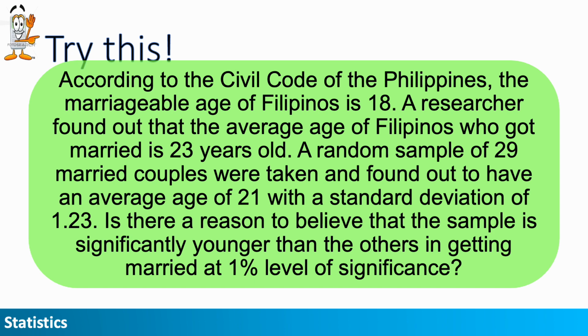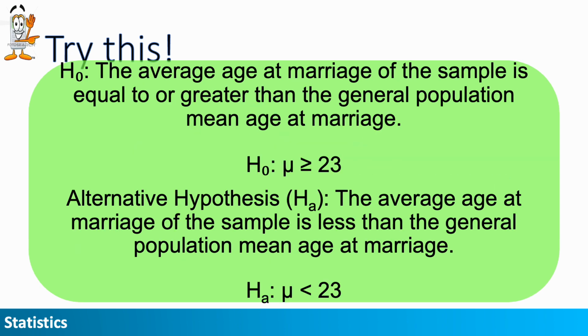Okay? So let's now come up with the hypothesis. Remember that when we say null hypothesis, we mean to say there is no change or there is no difference. So the statement would be that mu is equal to 23. However, you need to notice that in the question, we're going to test whether mu is less than 23.